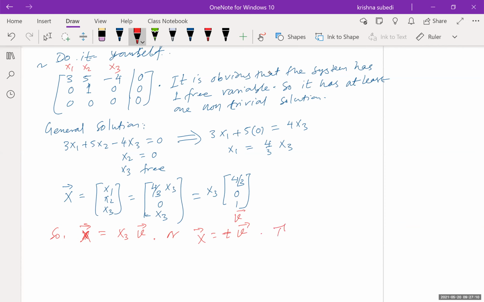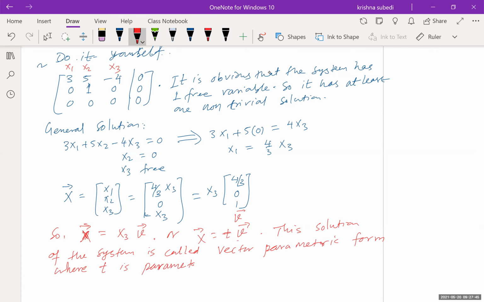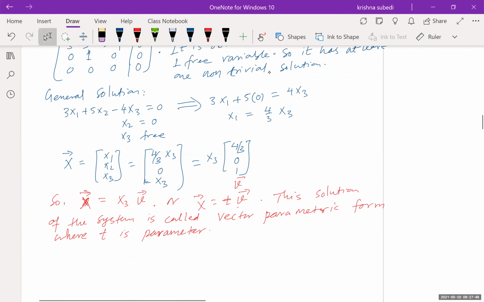So this solution of the system is called vector parametric form. Okay, if you write the solution in this form, it is called vector parametric form, where t is our parameter. It's just a variable, okay, random variable, parameter. So the variable is sometimes called a parameter.